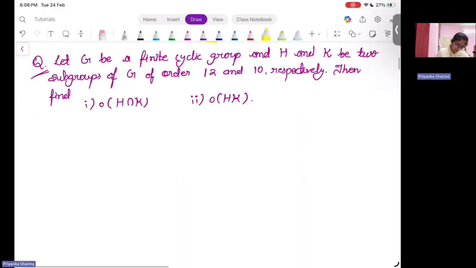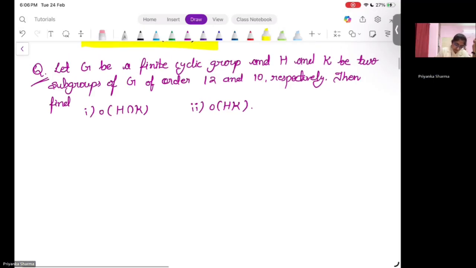Okay, come to this question. Let G be a finite cyclic group and H and K be two subgroups of G of order 12 and 10 respectively. Then find order of H intersection K and order of HK. Okay, so how to do it? First, what is given to us?